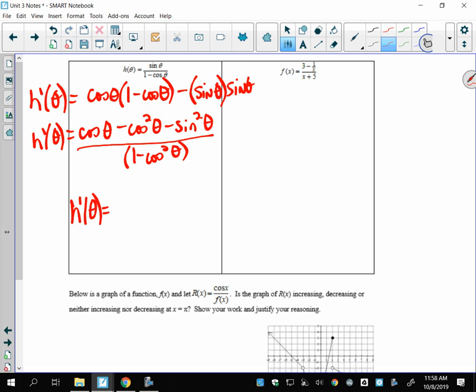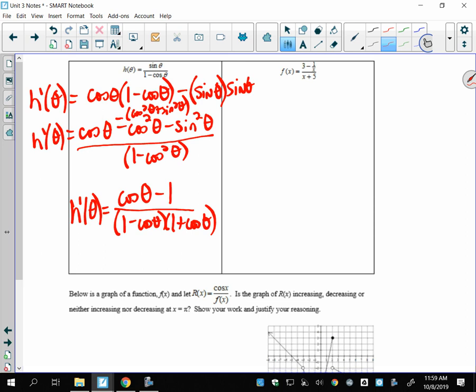Technically, we could factor the negative out of this, and we'd have cosine squared plus sine squared. So that would be cosine theta minus 1 on the top. And if you really want to be fancy, you could simplify the bottom. That would be 1 minus cosine times 1 plus cosine, because you could factor that.